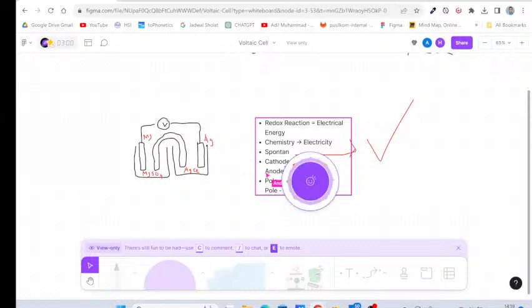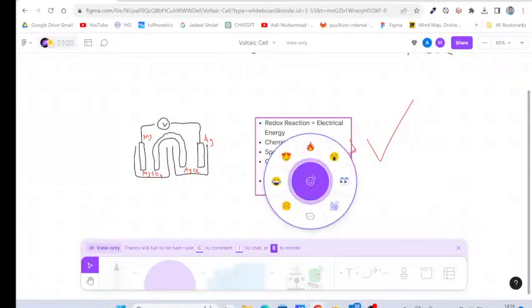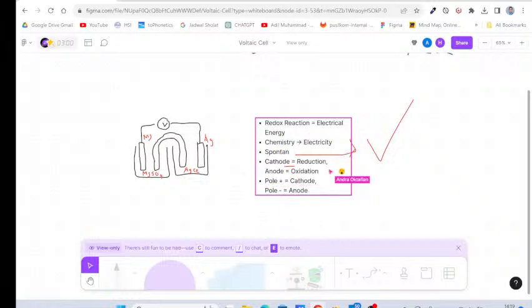So cathode is reduction, anode is oxidation. Yes, cathode is reduction. So the anode is oxidation here in voltaic cell. Oxidation means that the oxidation number is increased. It is the reverse of reduction.